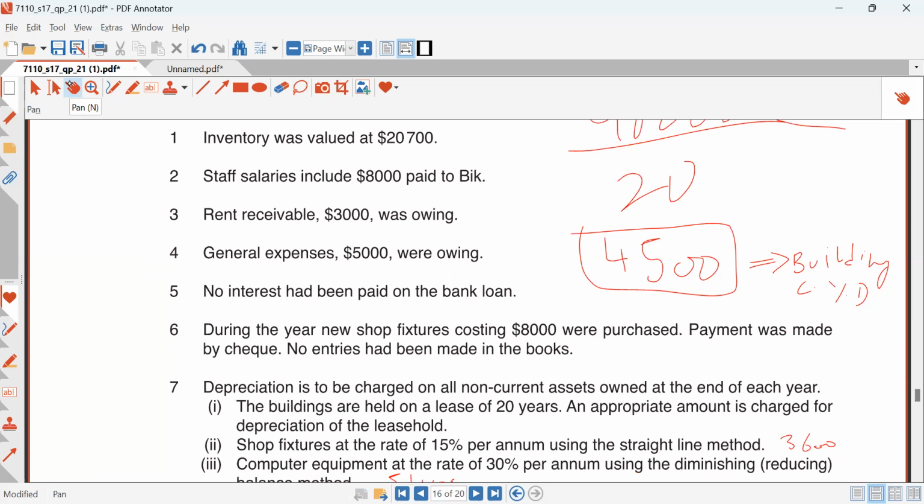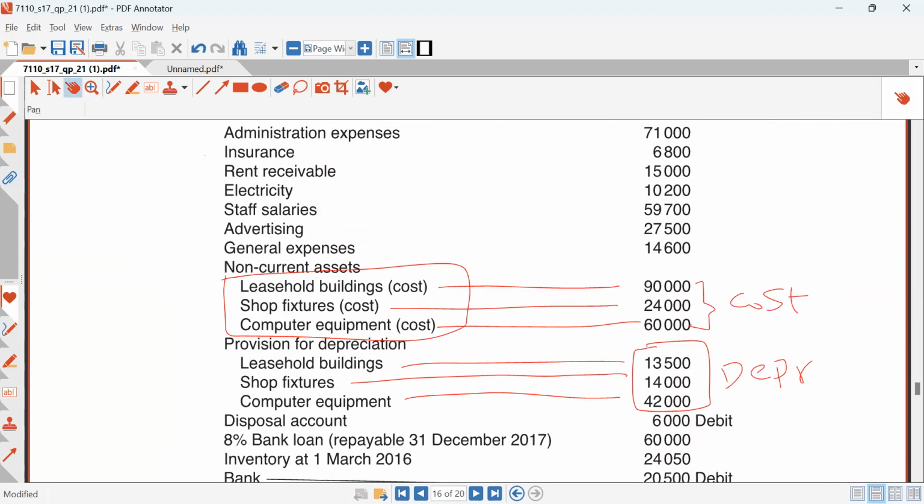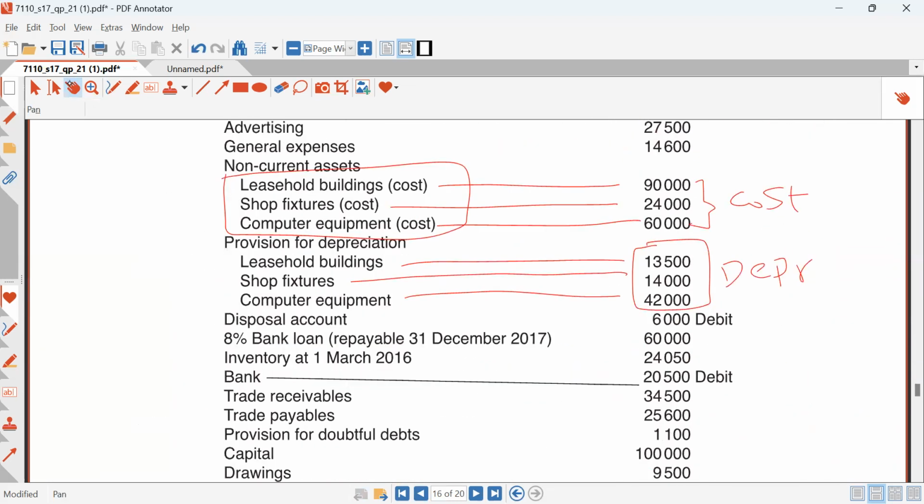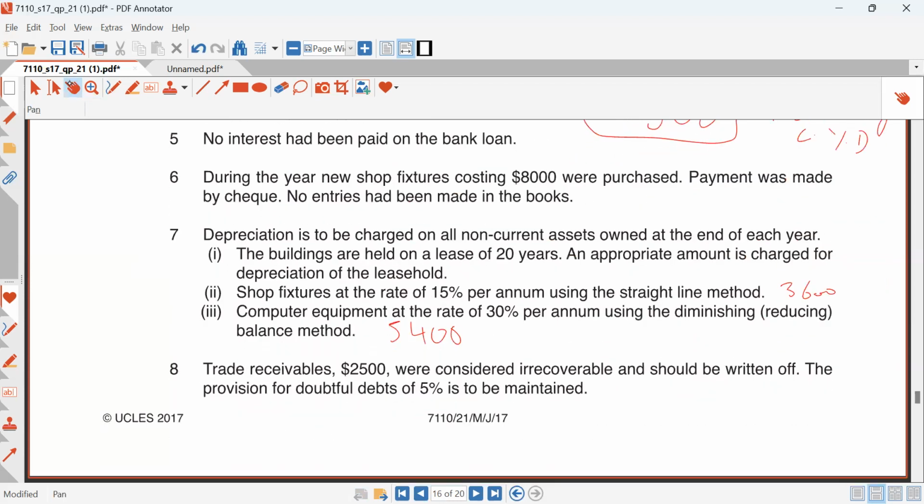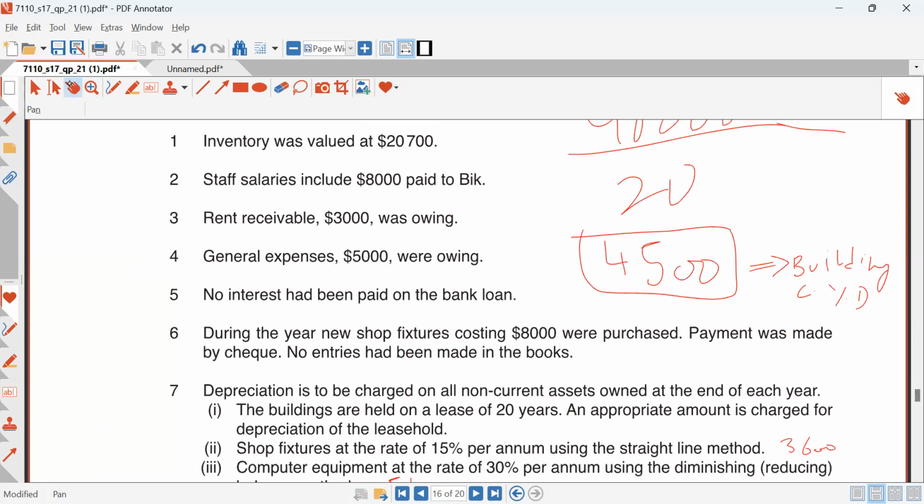Which is why we'll do 20,500, which is given in the question, minus 8,000. Then there must be prepaid expenses.